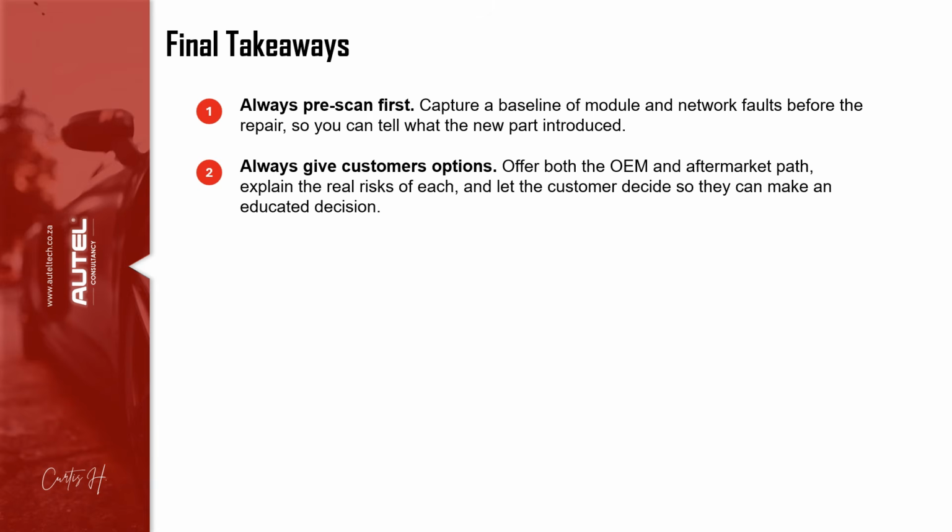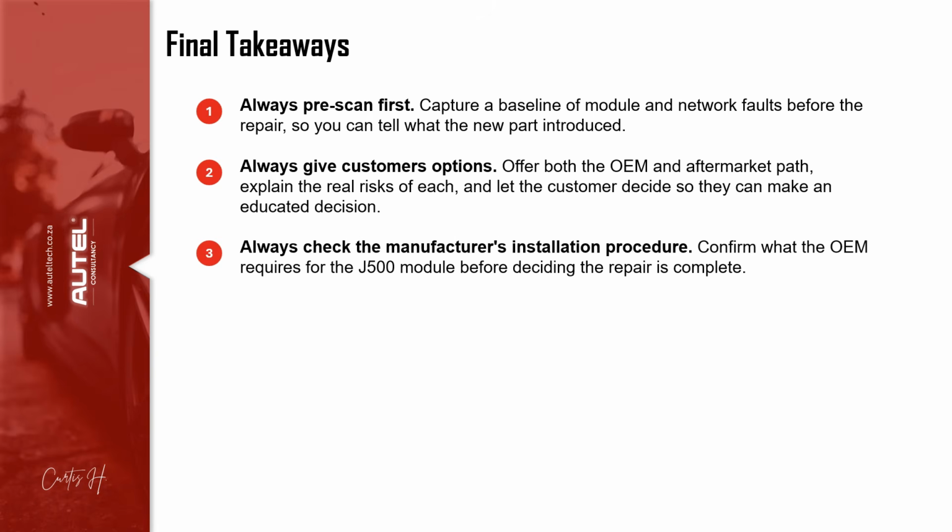You know, show them the path of buying it from the OEM, and then the risks involved in buying with the aftermarket. And when you explain these risks, at least they have enough information to make an educated decision. Okay. Next, you want to always check the manufacturer's installation procedure. And this way you will be able to know exactly what needs to be done when you're doing the job.